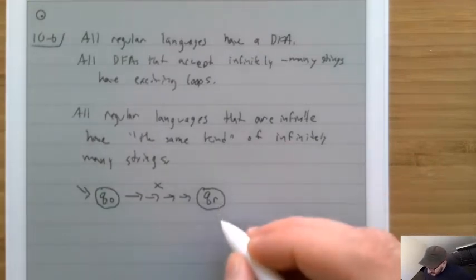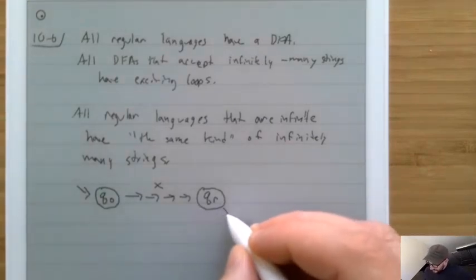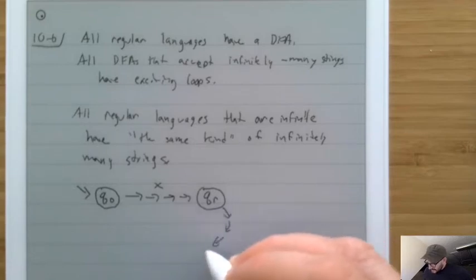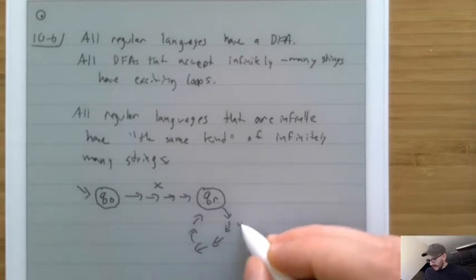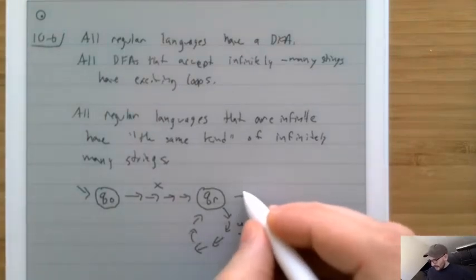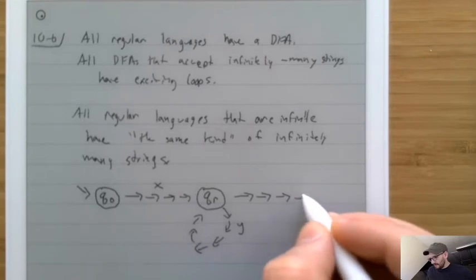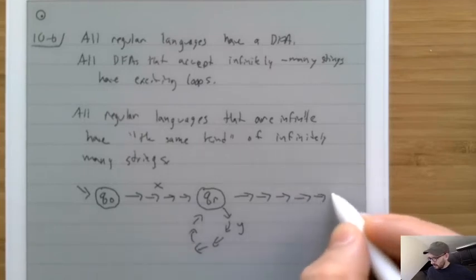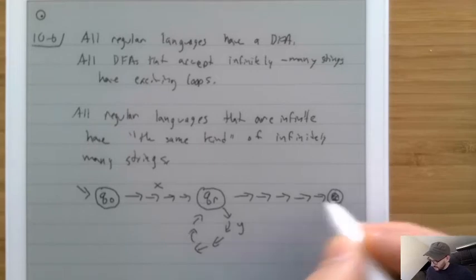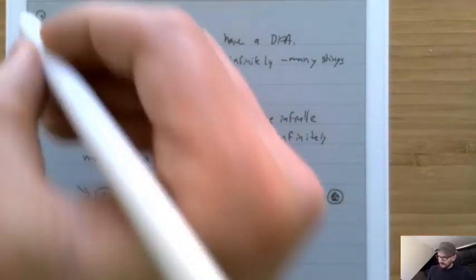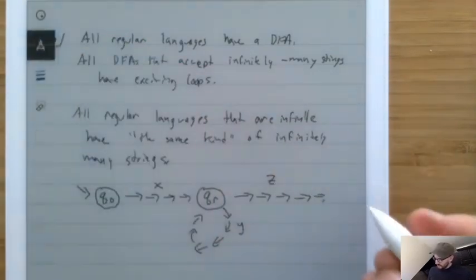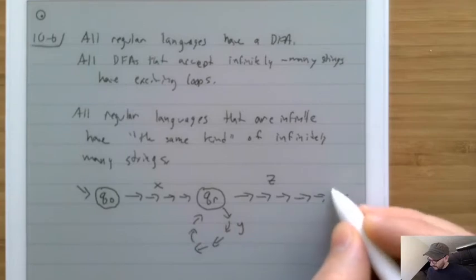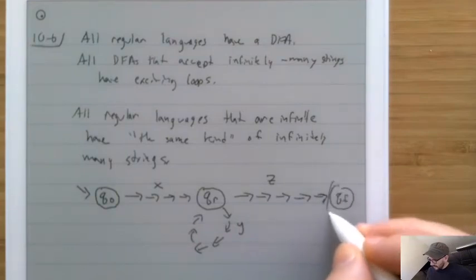And then that QR has some path, Y, through the machine back to itself, and then some path that goes to an accepting state that we'll call QF, and we'll label it Z. QF is accepting.